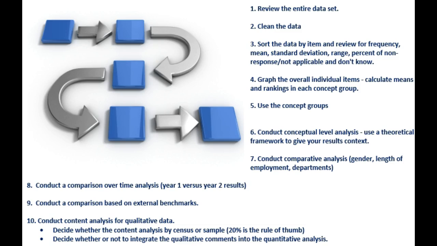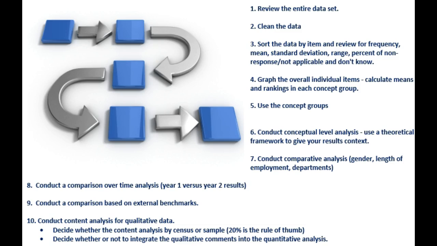Then you want to sort the data by item and look for frequencies. What's the mean response? What's the standard deviation? What is the range of responses? Is it from 1 to 5, or 1 to 10 if your scale is 1 to 10? Or are they really clustered in the center? What is the percentage of non-responders or not applicables or don't knows?